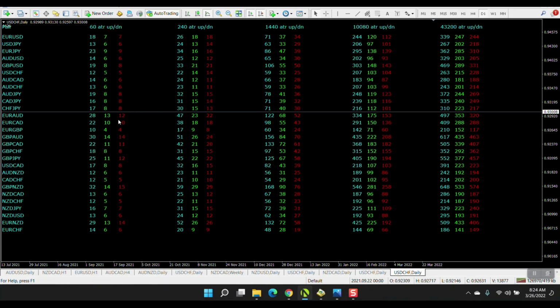If we move down to the 60, you can see on average AUD-CAD only rises 6 pips. So it would take multiple hours for it to close. On the 240, on average it's 12 pips. And my target is going to be somewhere between 10 and 20, something like that.